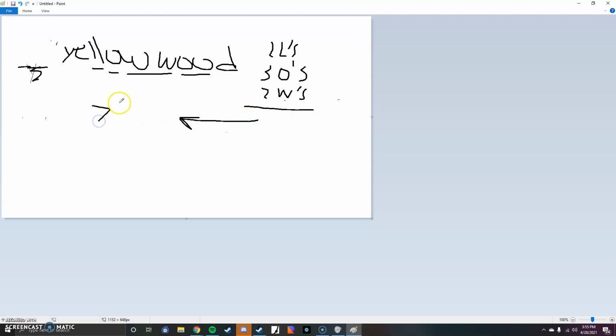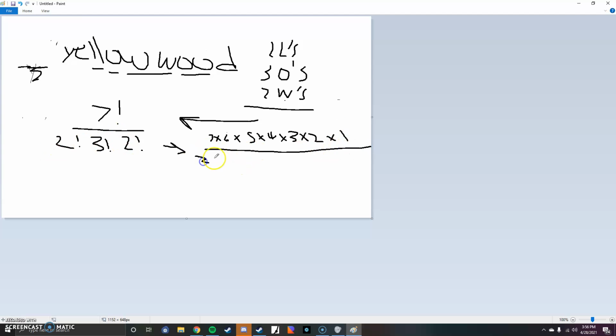So it would be 7 permutation over, and then you would do 2, 2, 3, and 2. And then I'll just write it out for you. 7 times 6 times 5 times 4 times 3 times 2 times 1, and then over 2 times 1, 3 times 2 times 1, and that would be another 2 times 1.